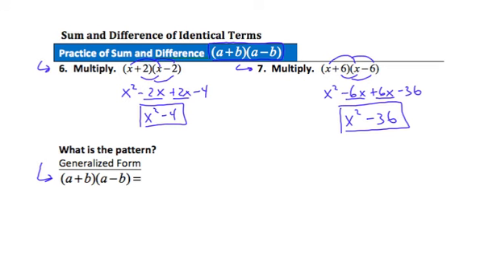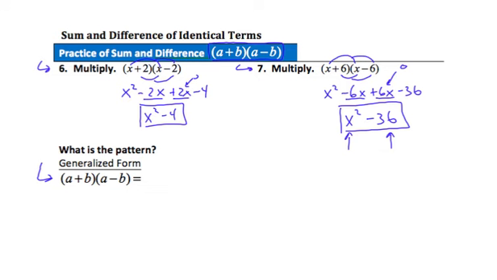Okay, hopefully you notice at least one pattern there, and that is that the middle term is dropping out for us every time we do this, right? This negative 2x and positive 2x went to 0 here, and then this negative 6x and positive 6x went to 0 there. So that is one thing to recognize. The only other two things we need to recognize is how do we get the first term?